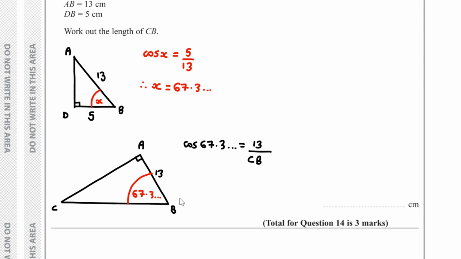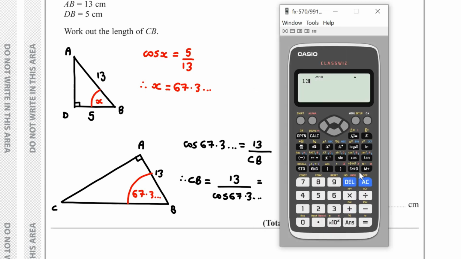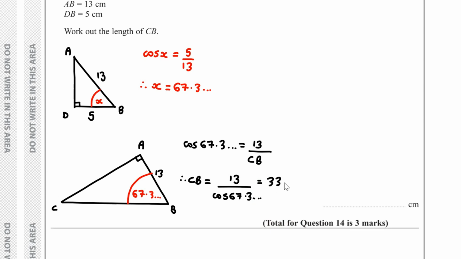So CB is equal to 13 over the cosine of 67.3, etc. If we work this out, we have 13 divided by the cosine of this, which is 33.8. So CB is 33.8 centimeters.